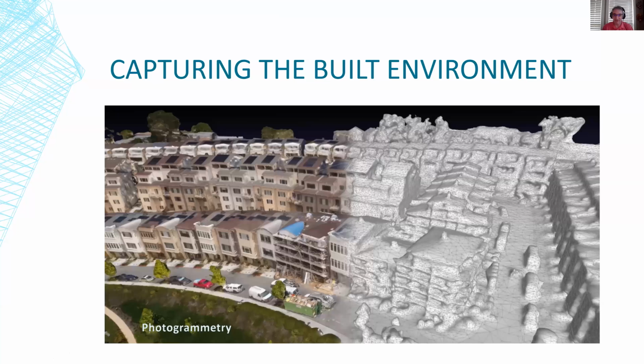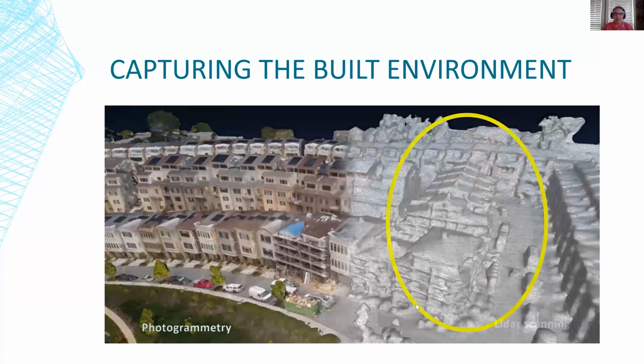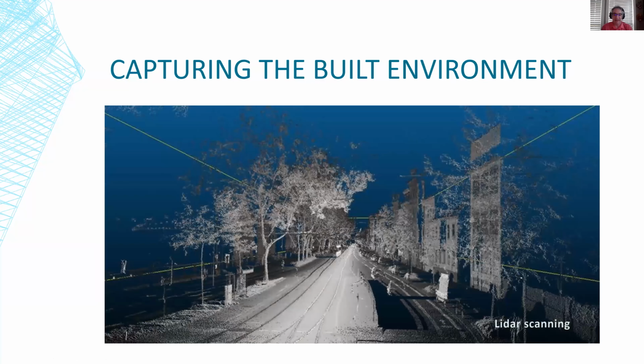So another method that's been developed that many of you might be familiar with is LiDAR scanning. LiDAR scanning uses a laser scan that rotates 360 degrees, or now there are handheld scanners, and generates a point cloud. So lots of little points from the environment.